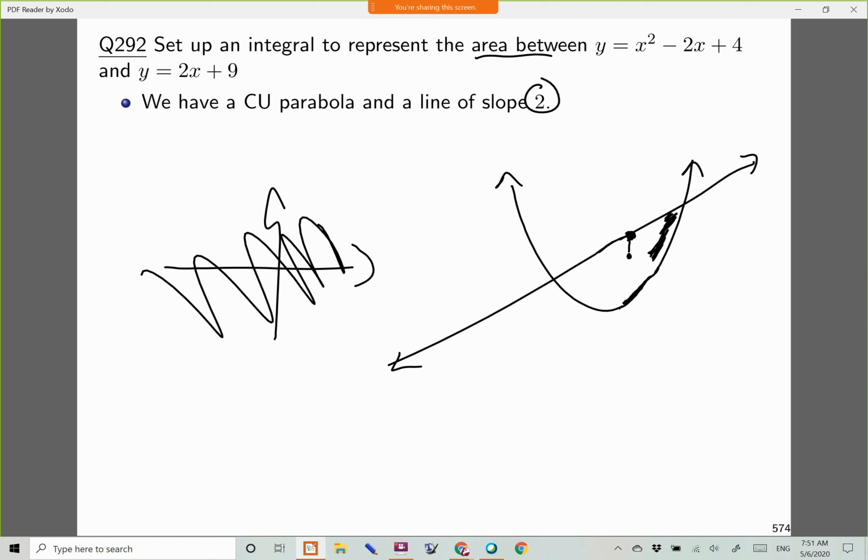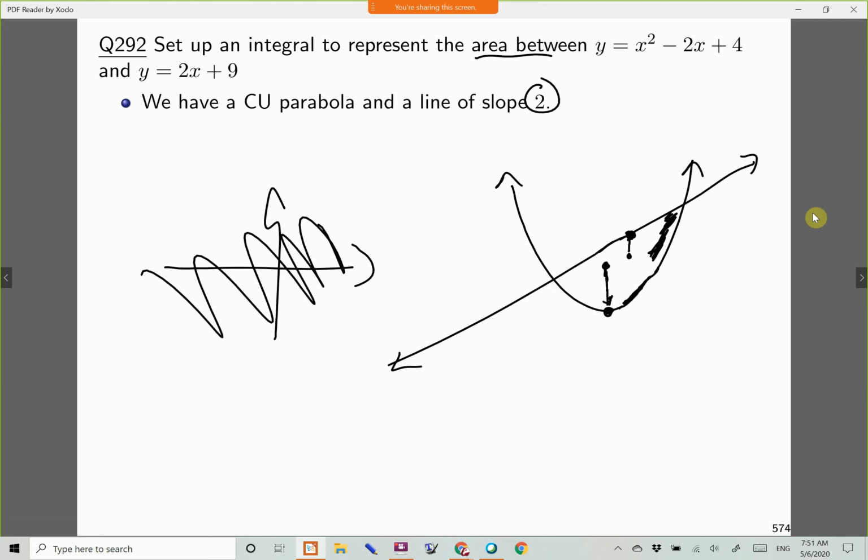The upper part of the shaded region is the line, and if you start somewhere in the shaded region and you travel south, you travel down, you end up hitting the parabola. So in this case, the line is the upper, and the parabola is the lower.